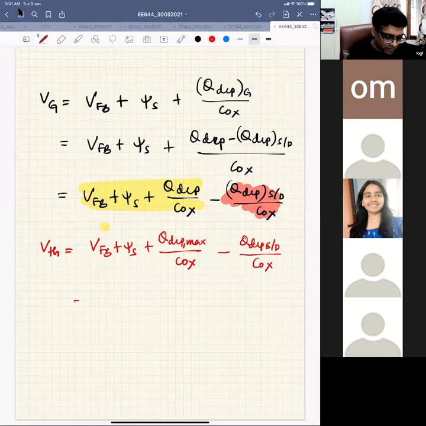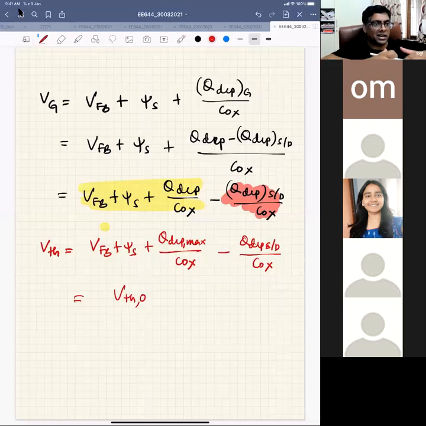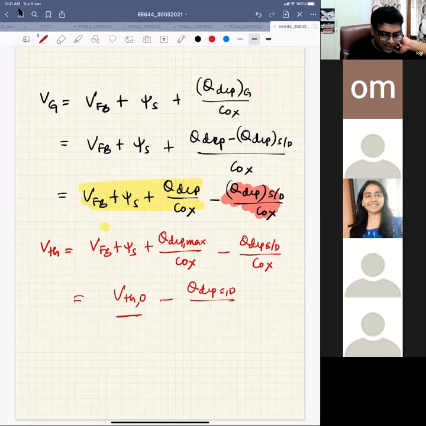The first part is threshold voltage 0, without charge sharing, for a long channel transistor, and then I have a minus component contributed by source and drain.